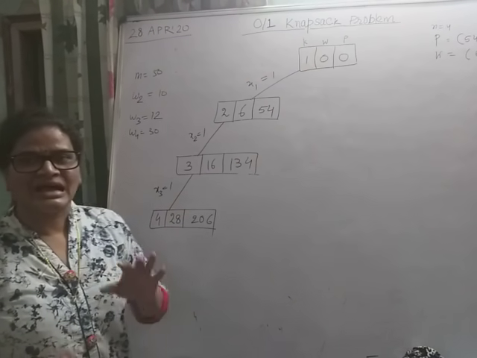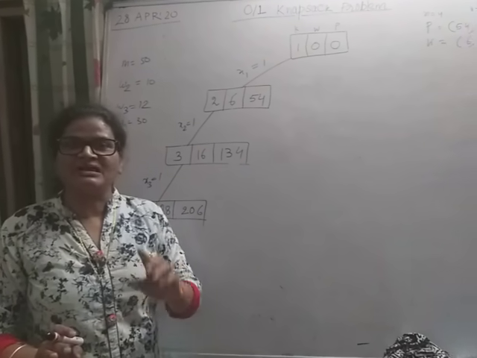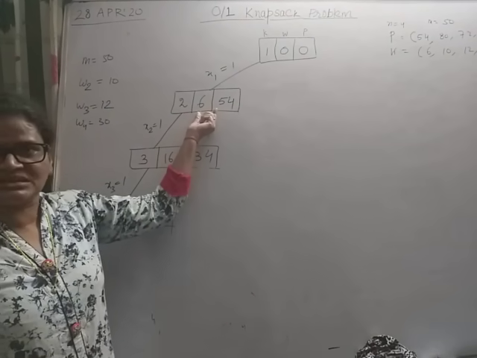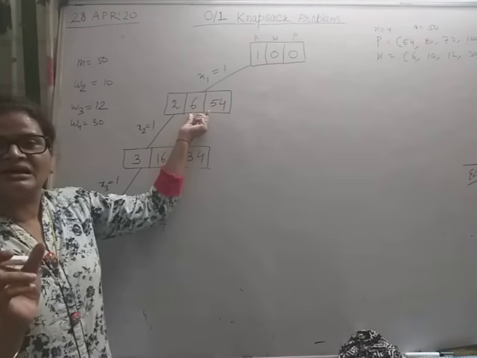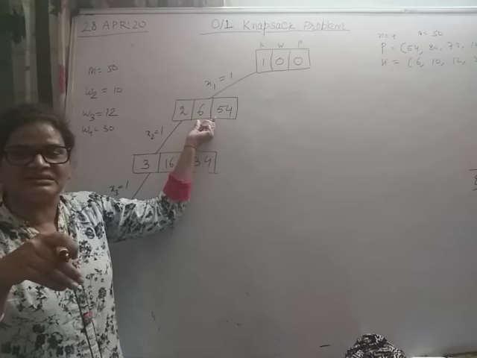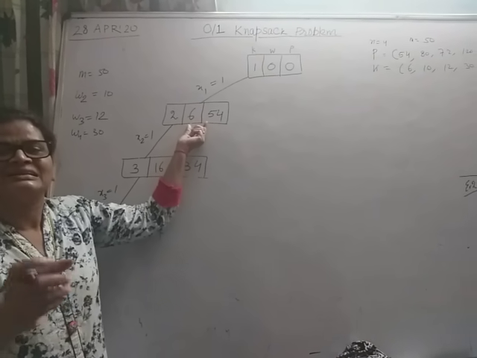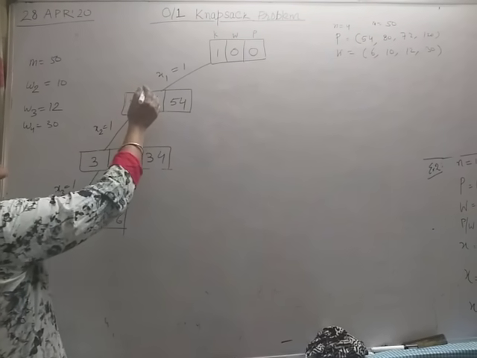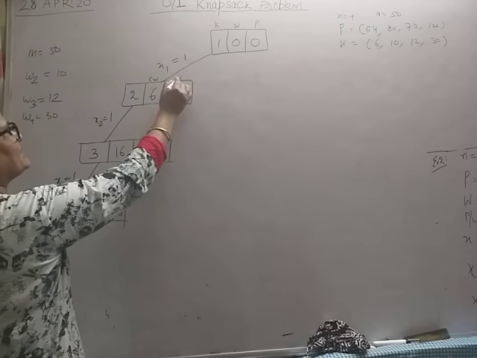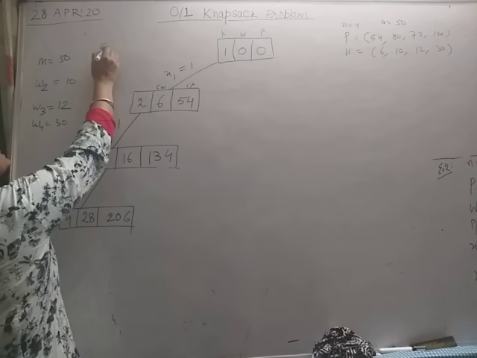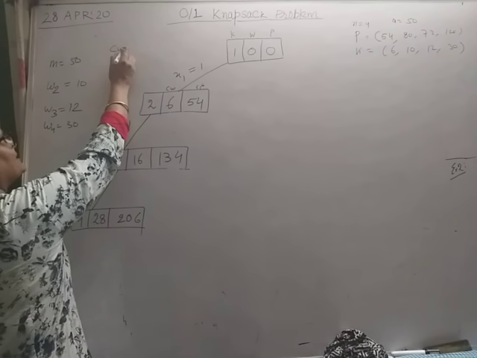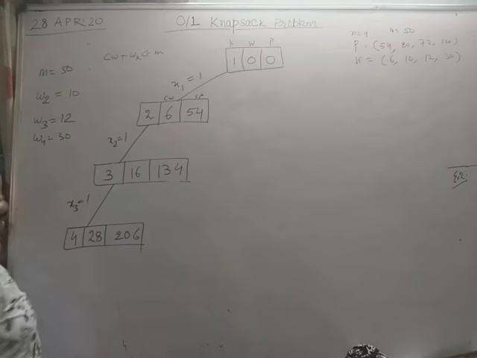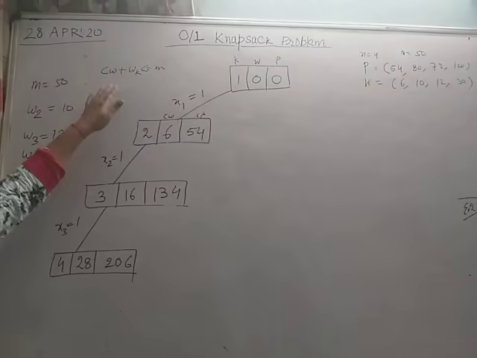Okay, so again see, for the left branch, one condition is sufficient: whatever be the current object, the current weight filled into the knapsack plus the weight of the current object. If suppose this is the current weight and this is the current profit, then one condition is sufficient, that current weight plus WK should be less than or equal to M. Okay, so this condition is sufficient.